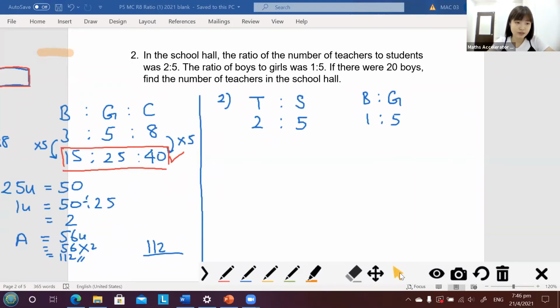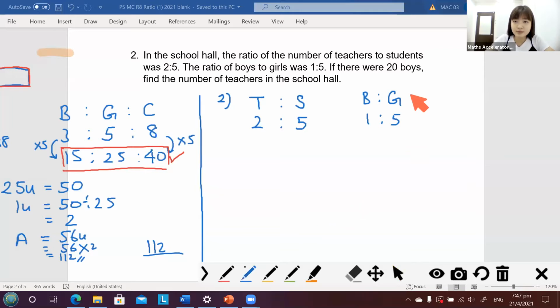Good, I see answers saying students. Some of you say boys and girls. Both are correct because your students is boys and girls. If you add up the boys and girls, that will be the total students. That's just a little bit of a tricky part over there.